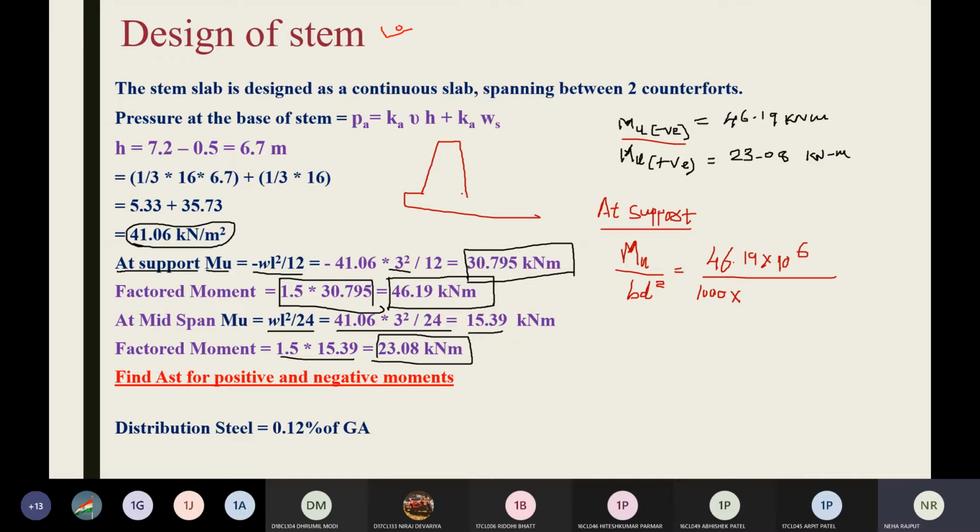Now if this is your thickness, as I explained in cantilever also, if I am denoting this as d2 and this as d1, so your d is equal to maximum of d1 and d2, or you can take d is equal to average of d1 and d2. So both are applicable. Whatever value you want to take, maximum or average, you can take. Right. So here I am taking the maximum value.